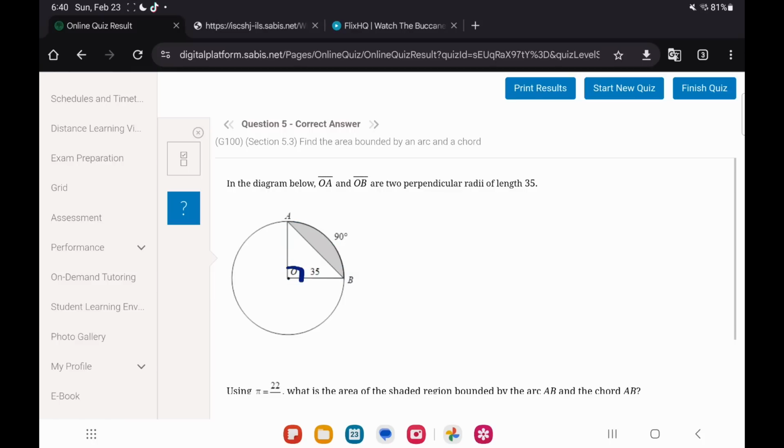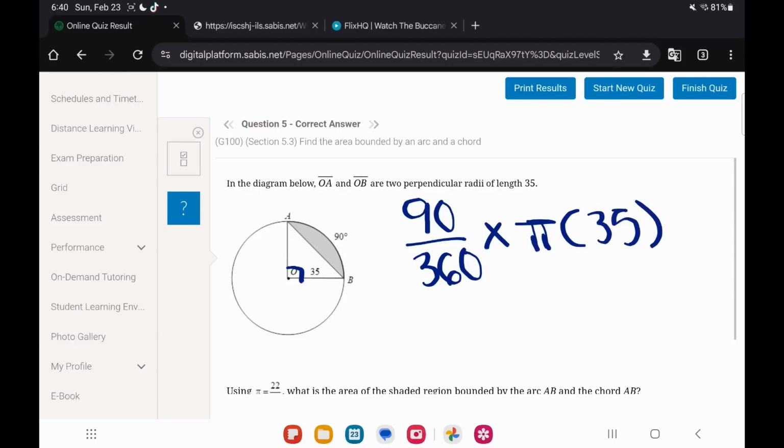The area of the arc is 90 over 360 times pi r squared, so pi 35 squared. Let me see what you got. 90 over 360 times pi 35 squared, we get 962.